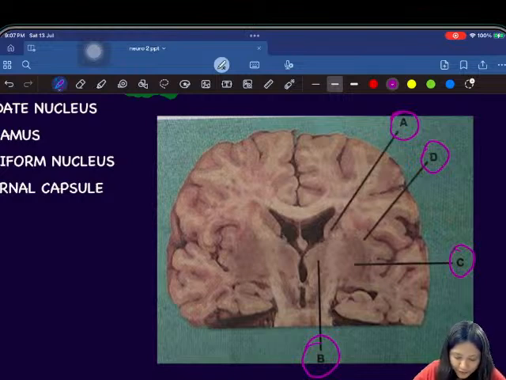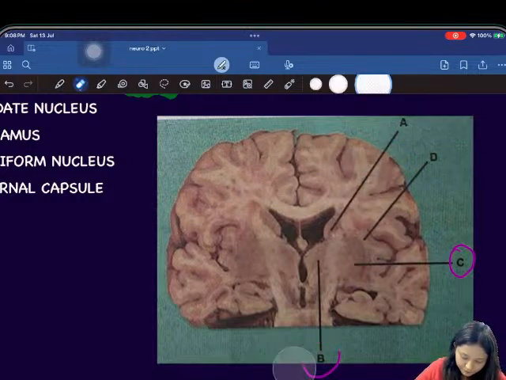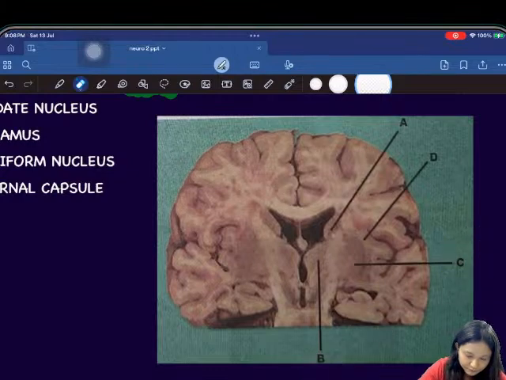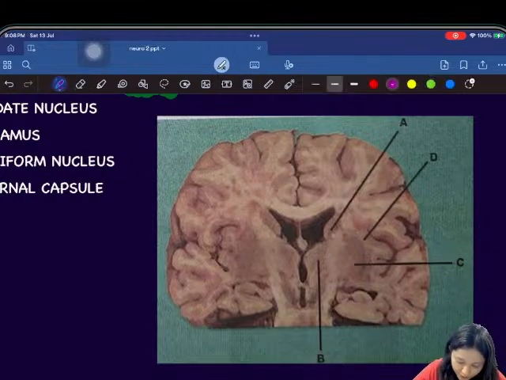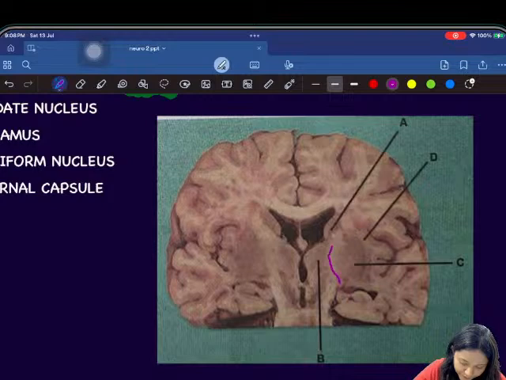First, you see here that there is a V. This V is the internal capsule, as we know, you can see a V here. This is the internal capsule.